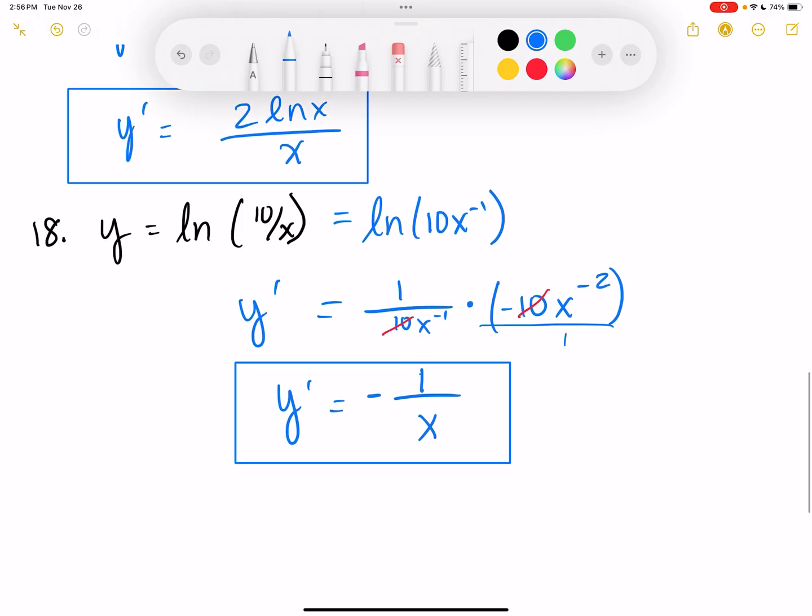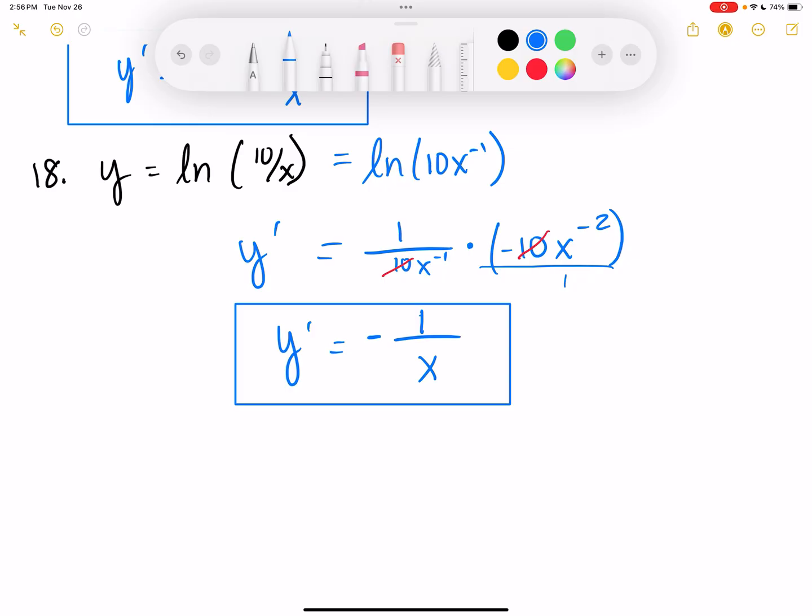So I think I might have missed whatever you said at the very beginning of that problem. But where did the ln go? There's just not an ln in these. Okay. The derivative of the ln of x is 1 over x.